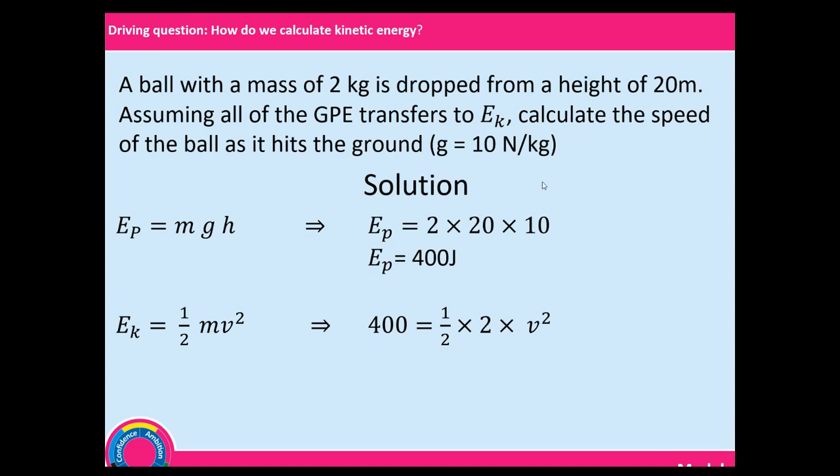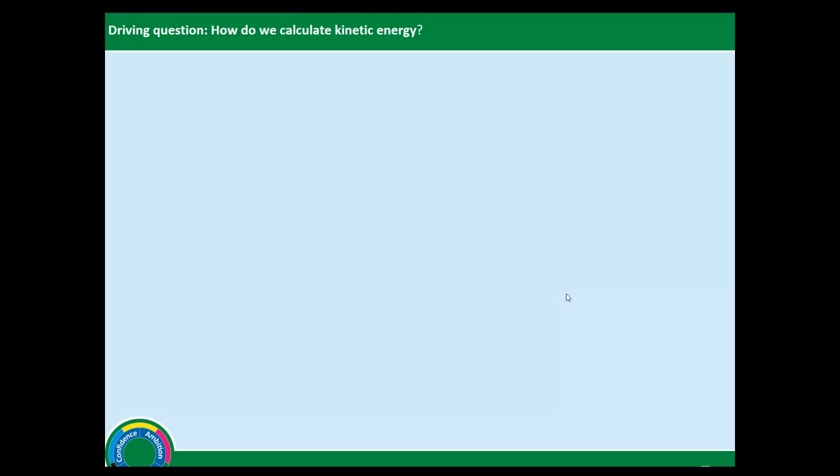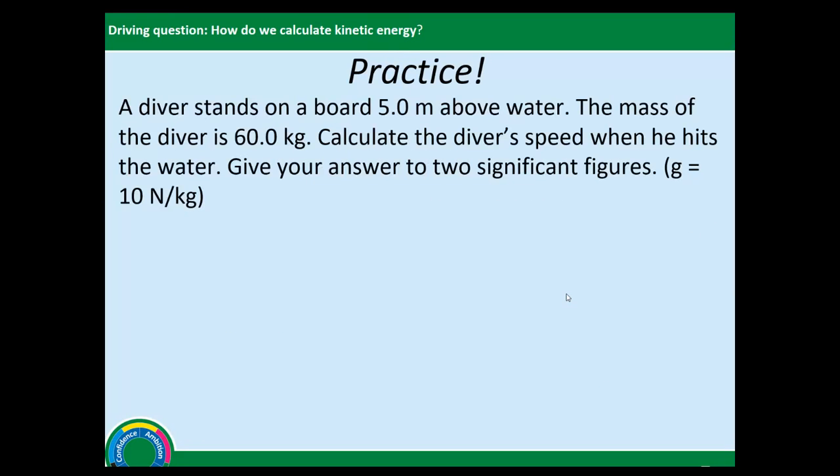The mass of the ball is the same, so we substitute the 2 kilograms for the mass in the equation, and then we're asked to find v, the speed. Rearranging our equation, which we've done before, will lead us to v equals the square root of 2 multiplied by 400 divided by 2, which is the mass, and that should give us 20 meters per second. Don't forget your units.